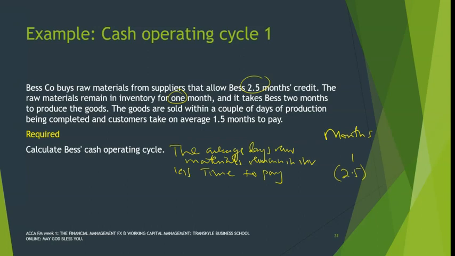Okay, and then we need to add the time taken to produce. This is like time for work in progress. Work in progress is an asset, so that's 2.